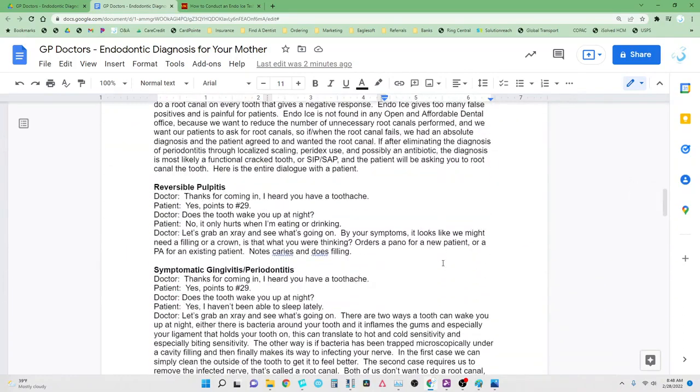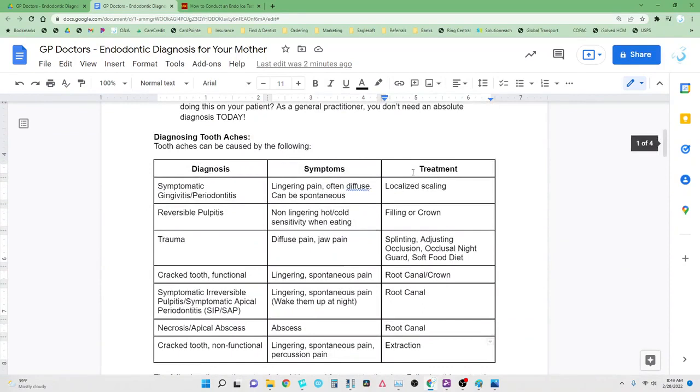So again, you need to understand these diagnoses and try as much as possible to be perfect on your diagnosis so that you can get the right treatment.